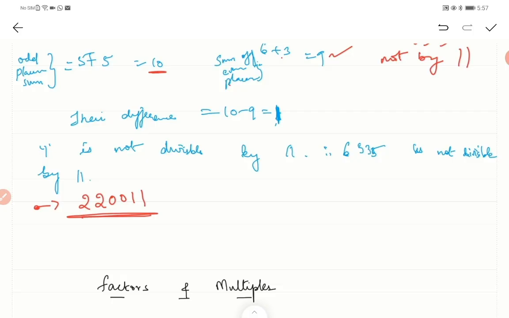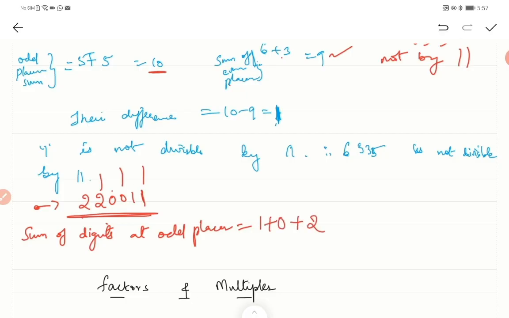You will first add the digits at the odd places, leaving one space between each. The sum of digits at odd places is 1 plus 0 plus 2, which gives 3.